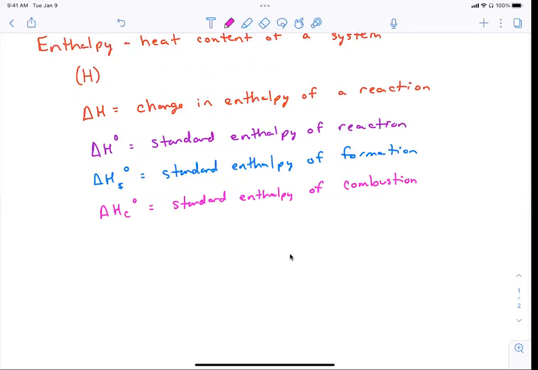Standard for thermodynamics is 25 degrees Celsius or 298 Kelvin and 100 kilopascals. It's different for gases, but for thermodynamics or energetics, those are your standard conditions for a reaction.